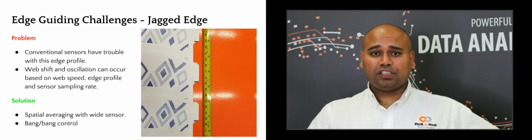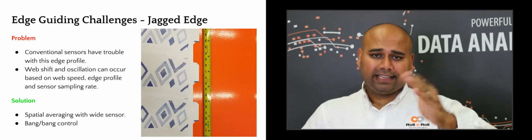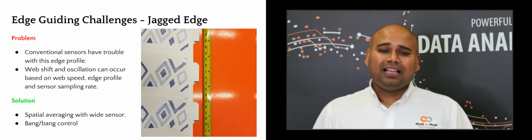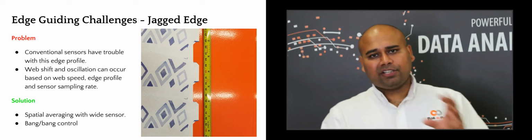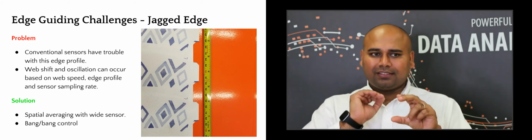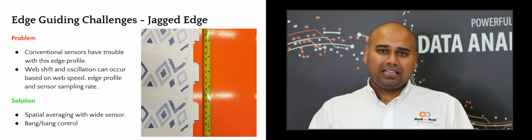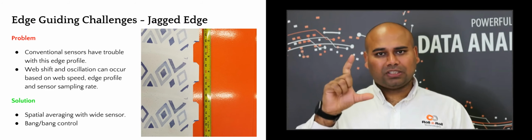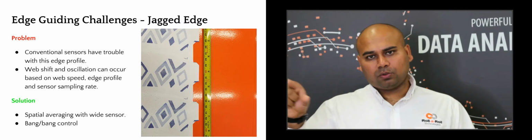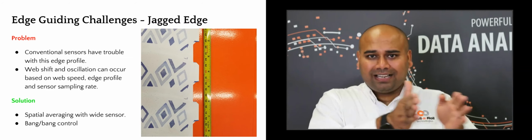There are also situations where you deliberately have an edge with a certain profile, like what is shown here, a sawtooth kind of profile. The main problem with this is that none of the conventional techniques would work. When this web goes underneath the sensor and you're looking at that edge position, depending upon the speed, the sensor measurement frequency, and the duty cycle of the sawtooth wave, any kind of averaging is going to shift the guide point.